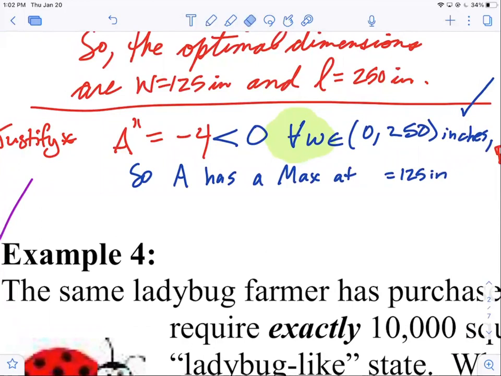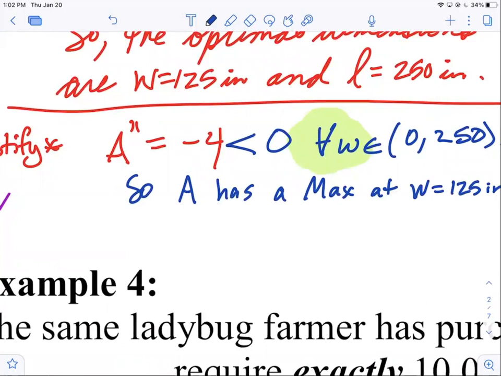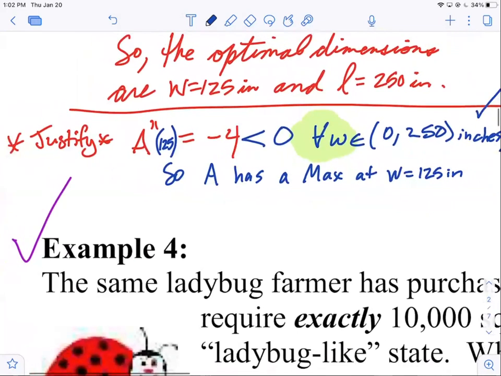Yeah, W, thank you. A double prime is -4 everywhere. It really is. But really, speaking to the theorem, we should probably say A double prime of what? Of W, which is 125. That's being very specific for our argument.